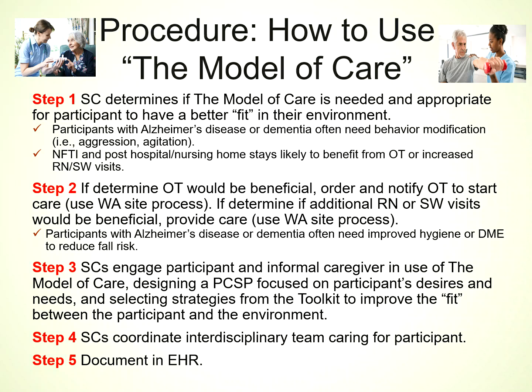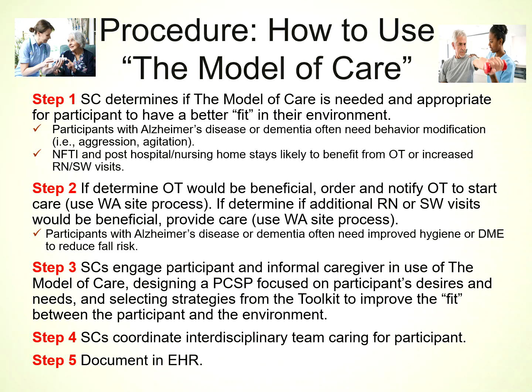If you determine OT would be beneficial, order and notify the OT to start care and use your waiver site process. If you determine additional RN or social work visits would be beneficial, provide the care as per your waiver site process.